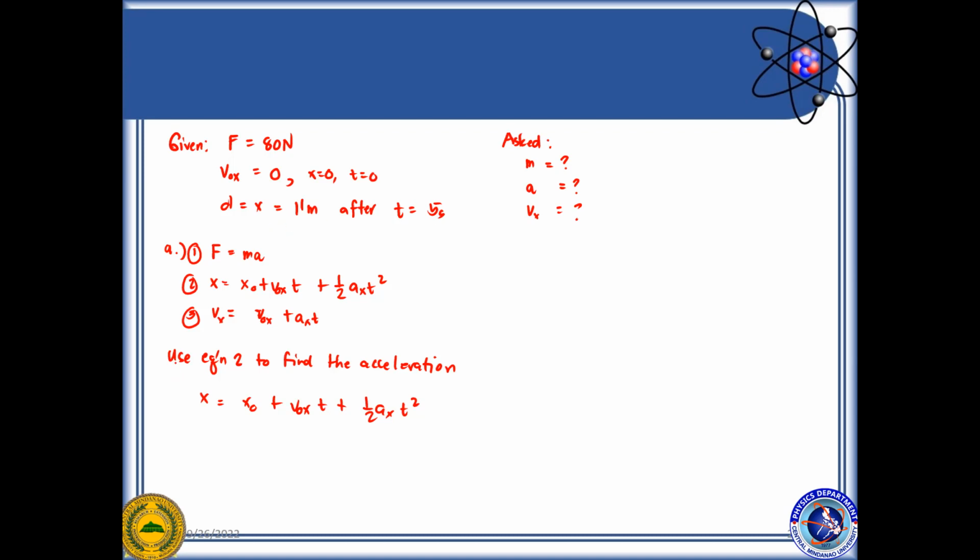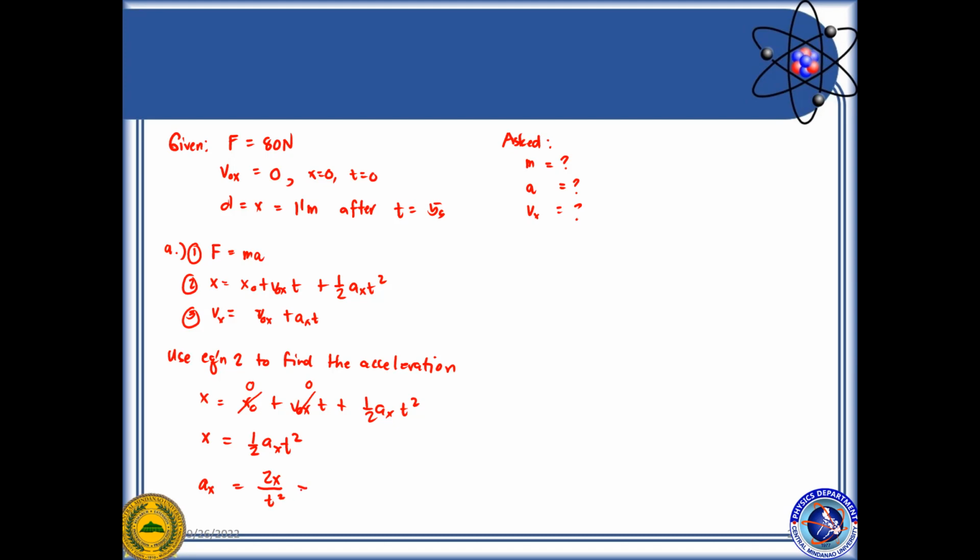We can substitute our x naught as 0, since this is where the motion started, so we label it as the origin. The initial velocity is also equal to 0. So our equation simplifies to x equals 1/2 a sub x t squared, or a sub x is equal to 2x divided by t squared.